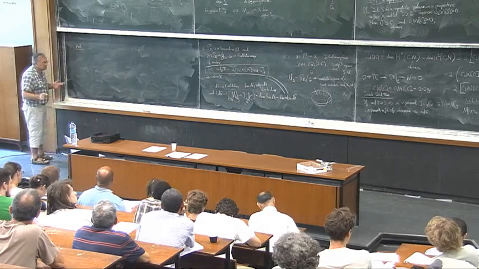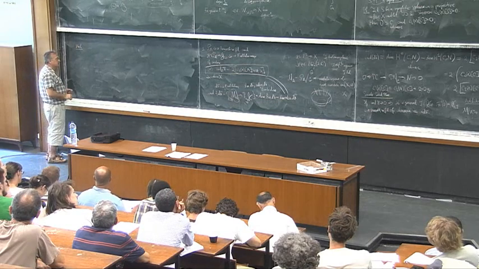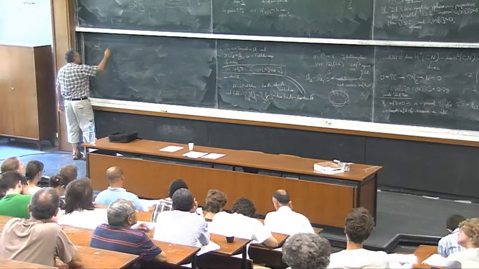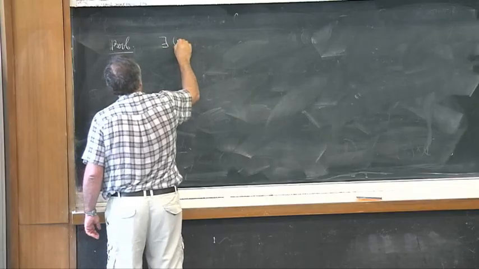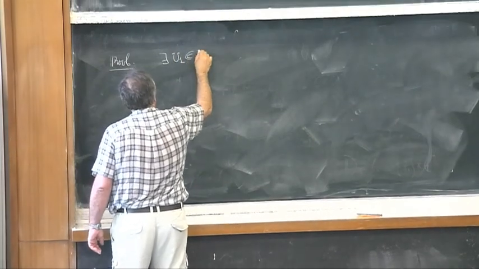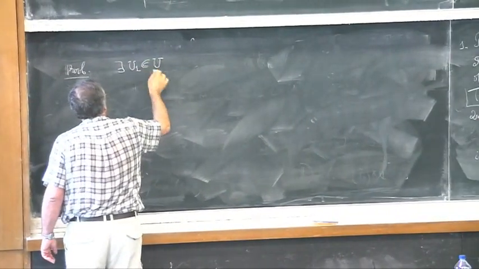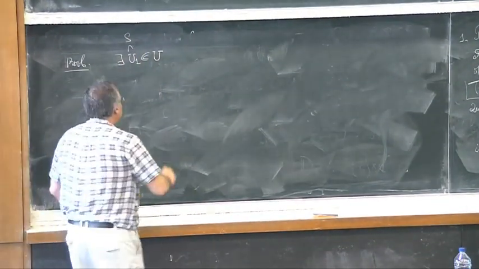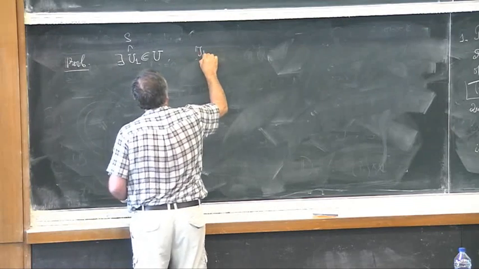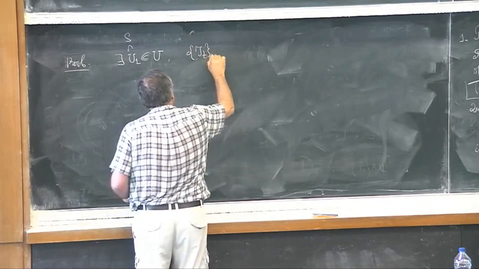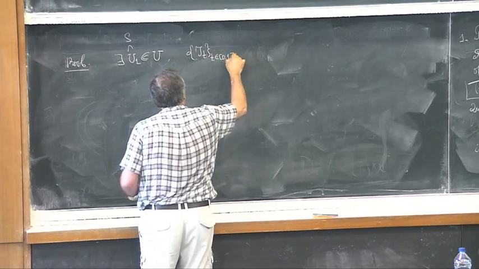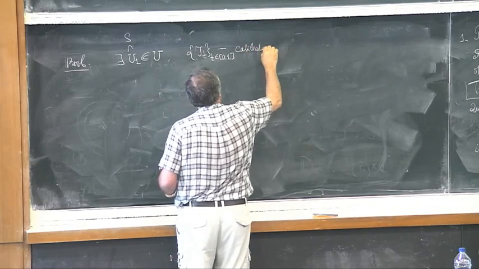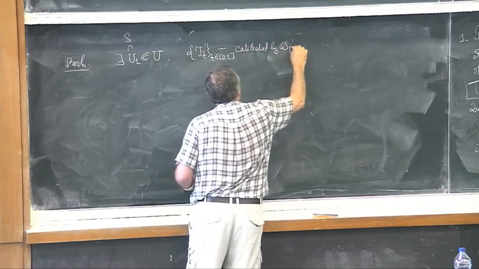By proposition 3 of yesterday's lecture, for a given U, I can find a relatively compact U1 in U which still contains my sphere, and I can find a perturbation of structures Jt which are all calibrated by the Fubini-Study form on P2.